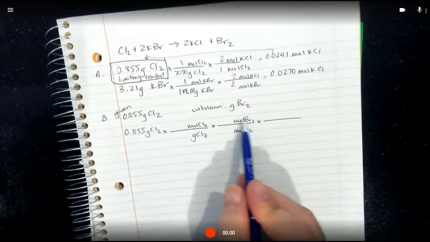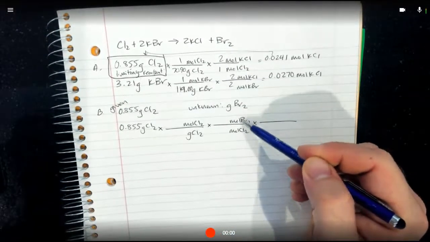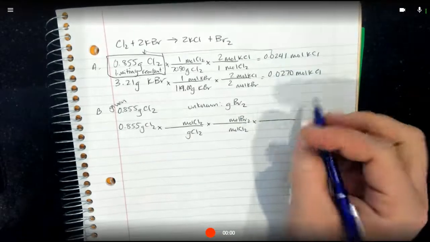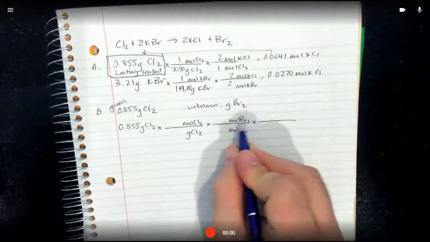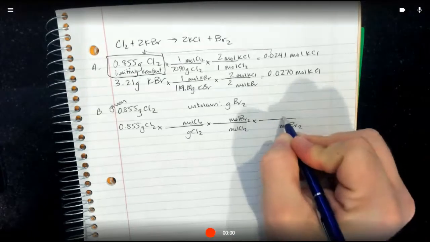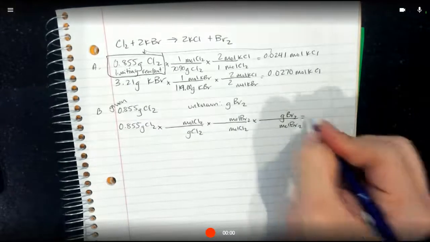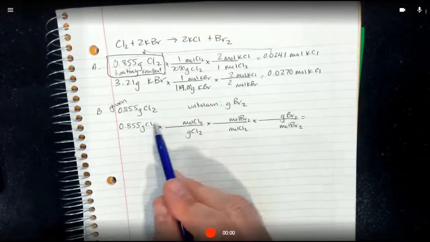So this step here is important. Remember, the unit substance can only change when we have mole over mole for a stoichiometric calculation. This unit drops down. We have moles of Br2 and then grams of Br2. Okay, so we'll see that our units will cancel out.